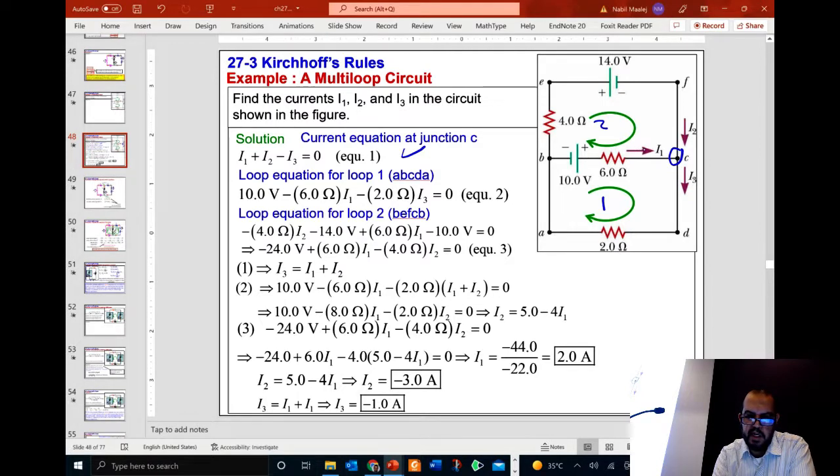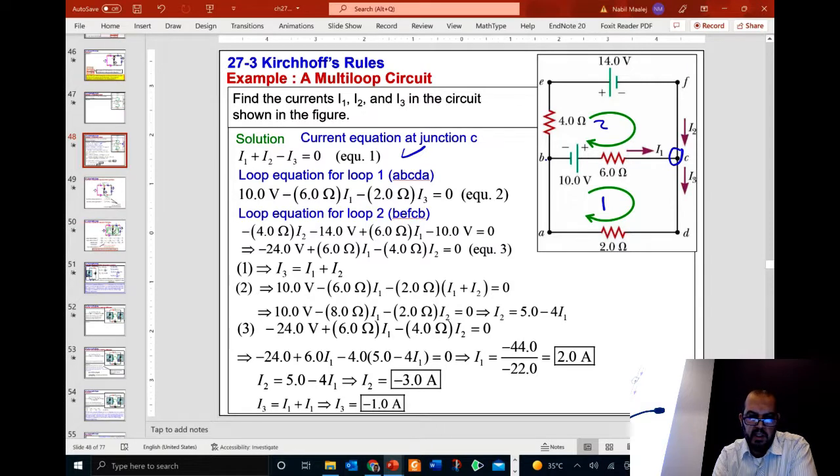Then we go in the same direction as the current, minus 6 ohms times I1. Then we go through this resistance in the same direction as current I3, so it's minus 2 ohms times I3, equal to 0 because we went back to the same point B.